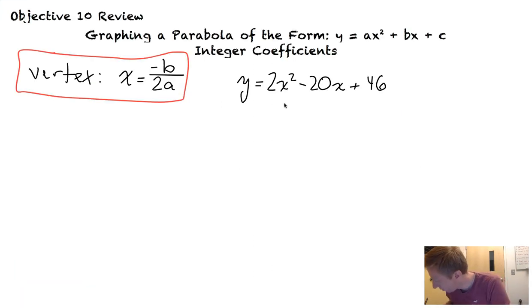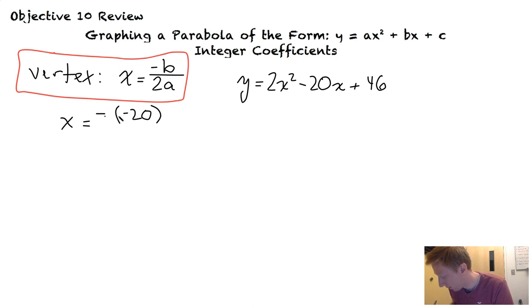So let's work this out. With y equals 2x squared minus 20x plus 46, we'll start out by finding the vertex. To get the x value of the vertex, we use this formula. So x equals, we have -b. The b value is -20 here. So negative negative 20. Got to be careful here. The b value is -20, and then you also have a negative outside.